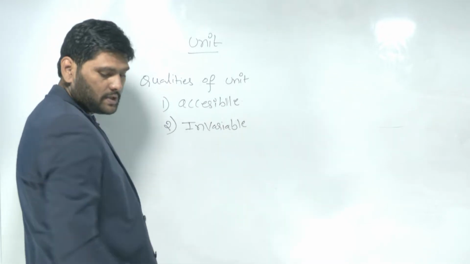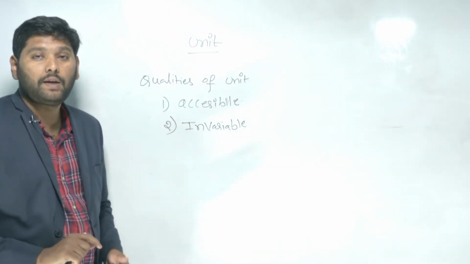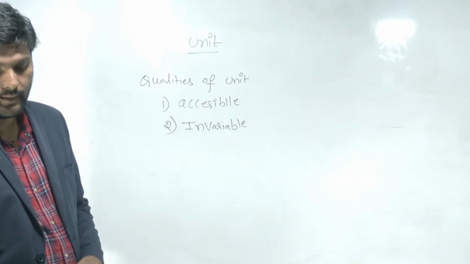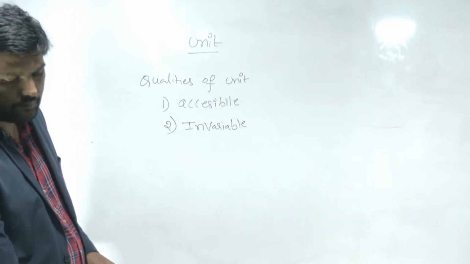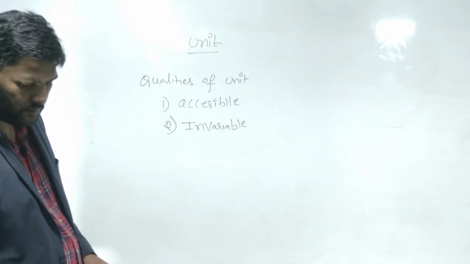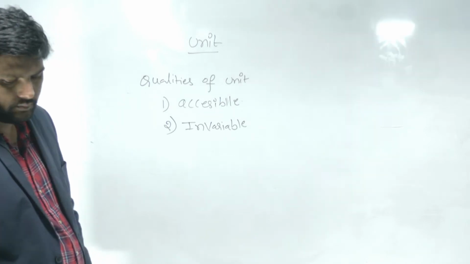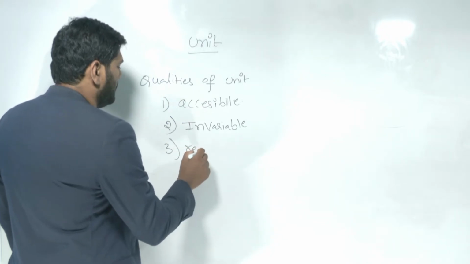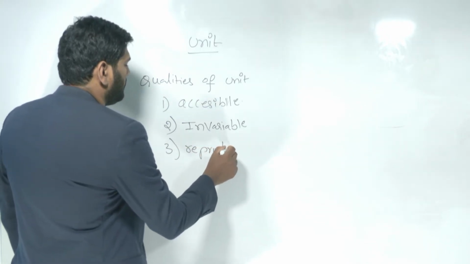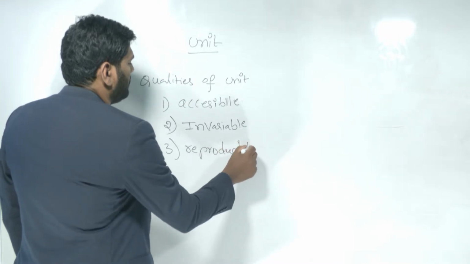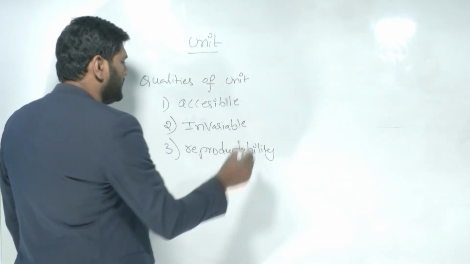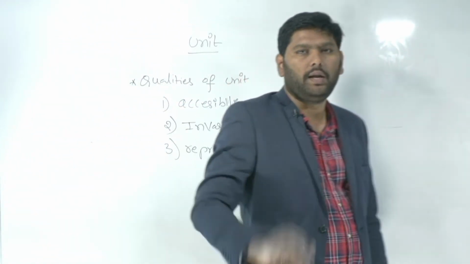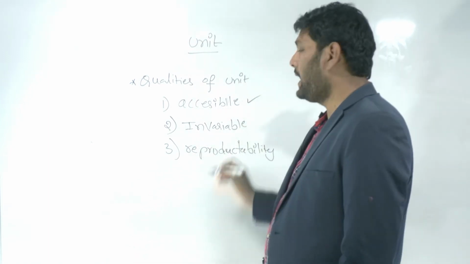And the third one is reproducibility. These are the qualities of the unit. So how many qualities here? Three qualities. First one is easily accessible.